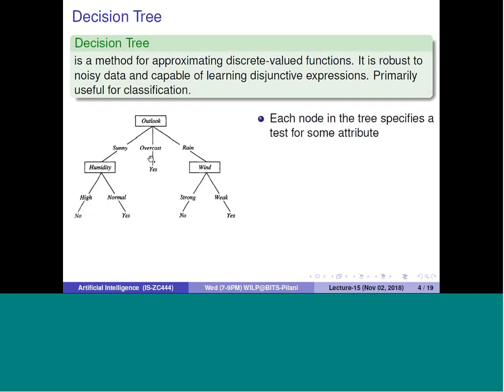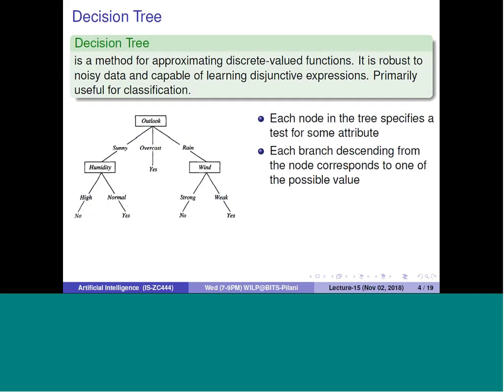If the outlook is overcast, you say yes. What is the meaning of yes? Let's assume I am asking whether you are going to play badminton or not. So if the outlook is overcast, then you say that I'm going to play badminton. If the outlook is rain, then you see how the wind is, and if the wind is strong you say no, when it is weak you say yes.